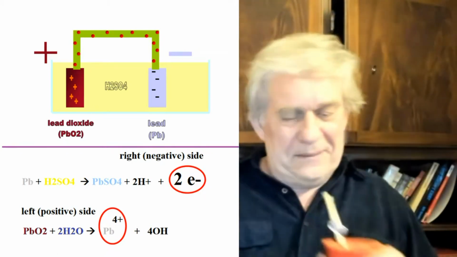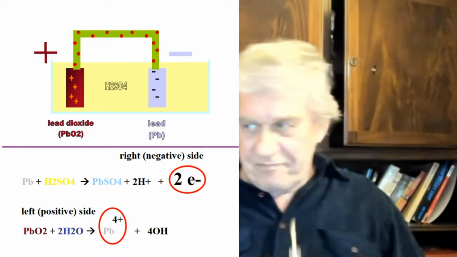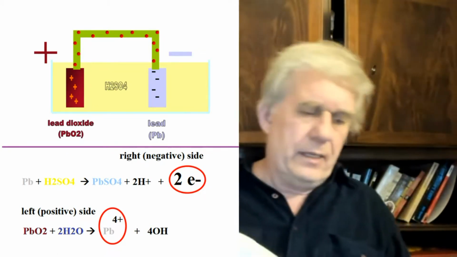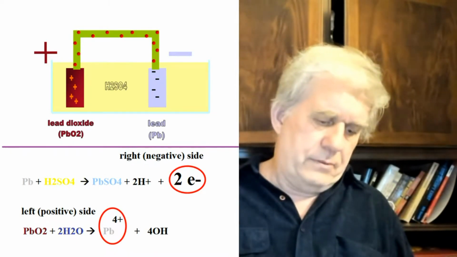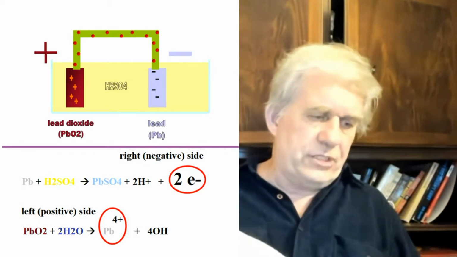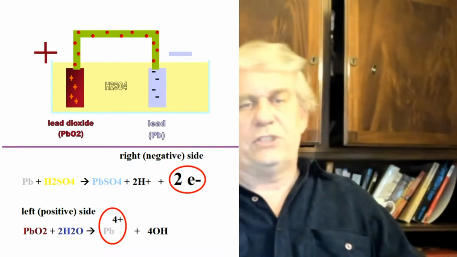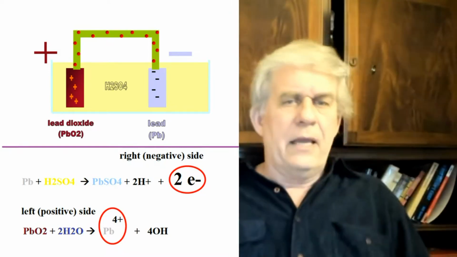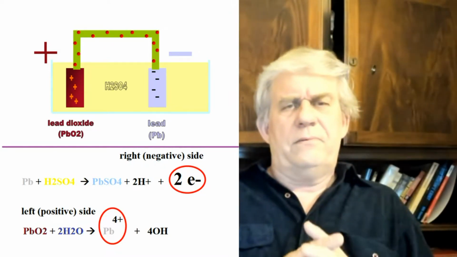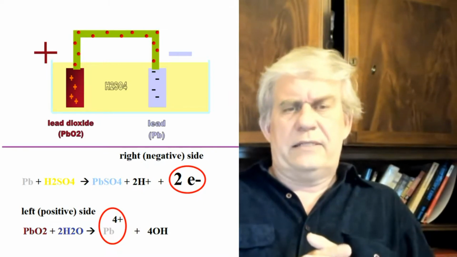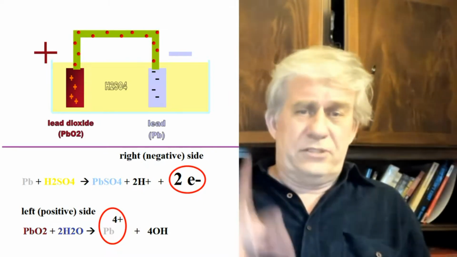Does the water not affect the lead on the right side, and does the sulfuric acid not affect the dioxide on the left? Yes, of course. There are different reactions. I put the simplest of reactions just for ease of explaining, because what I'm interested in showing is not all the chemistry. I don't think you're so interested in that.